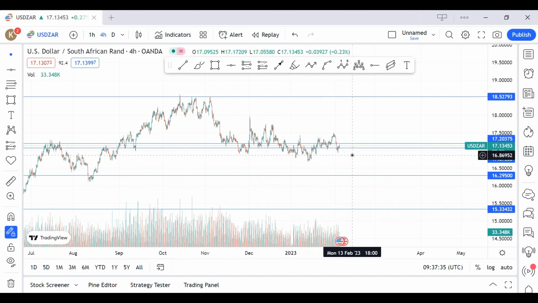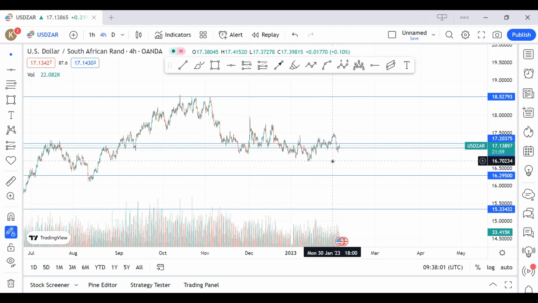Meaning that at this point we can see that the market kind of respects this level on a 4-hour time frame, but not on a daily time frame, because on a daily time frame we have a different zone. So the market is respecting this zone, but we will not take any trade because we do not have much confirmation on where the market is moving.